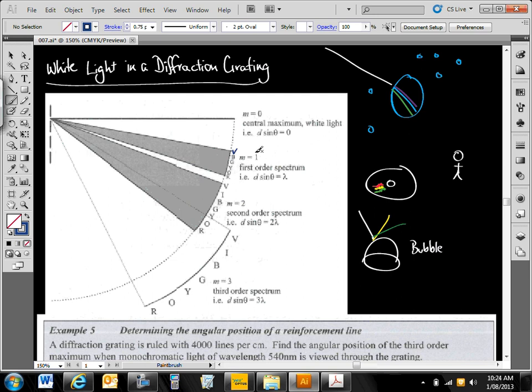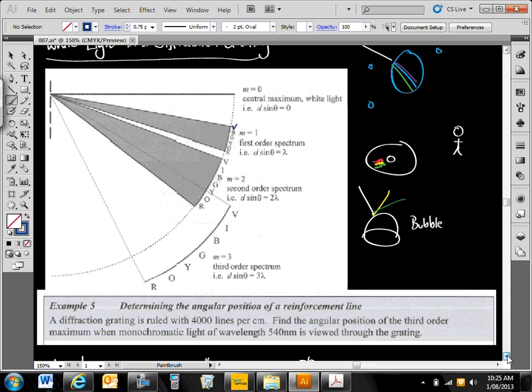As we rotate around, this is the first order spectrum. We rotate around, we get the second order spectrum where m equals 2. And you'll notice it's the same sequence of colors, but it has a wider spread. Third order spectrum here, according to this diffraction grating, overlaps the second order spectrum, in fact.